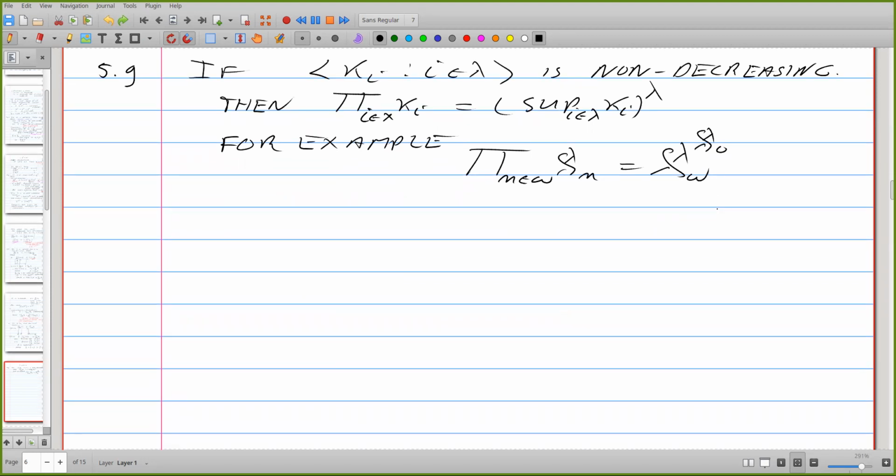And how does that work? Well, the proof is not that difficult. We have Hessenberg's theorem that says that if I have an infinite cardinal, then it is equal to its own square. And you can get a lot of mileage out of that.